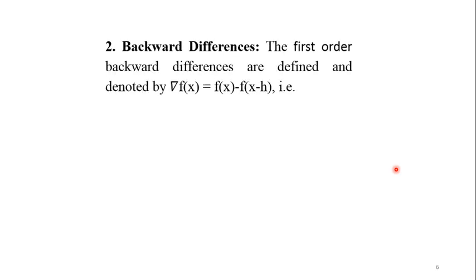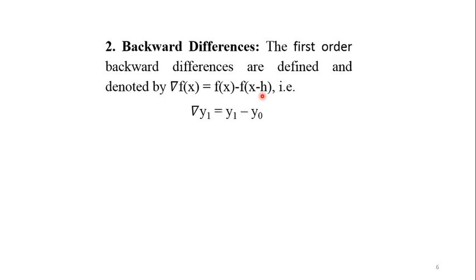Now we concentrate on the other difference operator, known as the backward difference operator. The first order backward difference is defined and denoted by the Greek letter lambda, lambda of f(x) equal to f(x) minus f(x minus h).